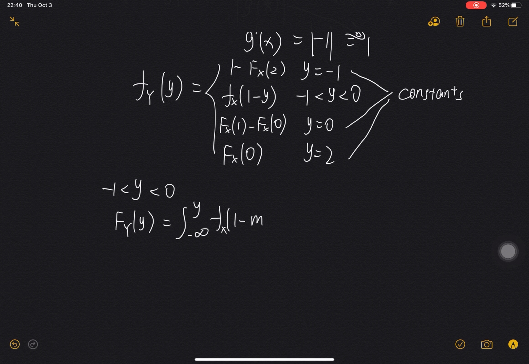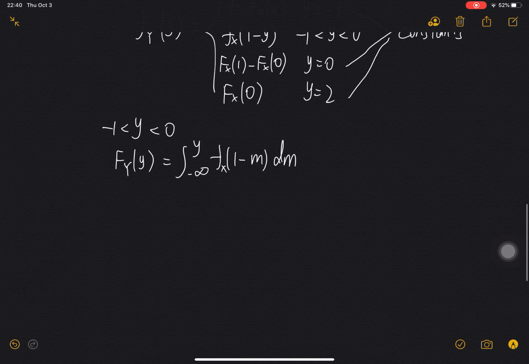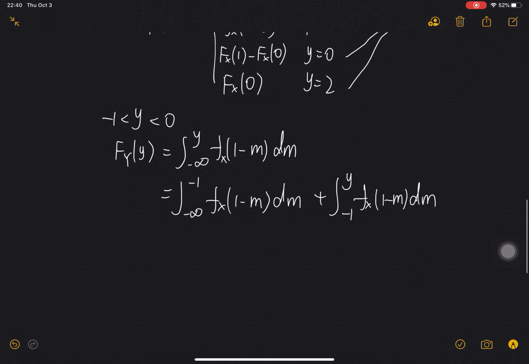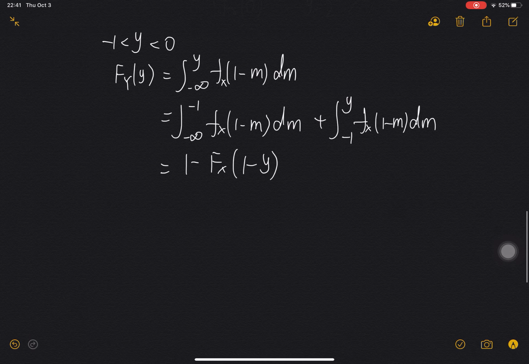Let's use m to replace y. And that's very easy. We just separate it into two parts. The first part, smaller than minus 1, and the next part, larger than minus 1. Then we have 1 minus F_X(1 minus y) as the answer.